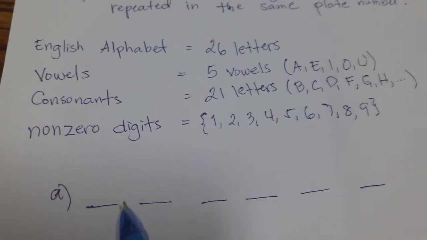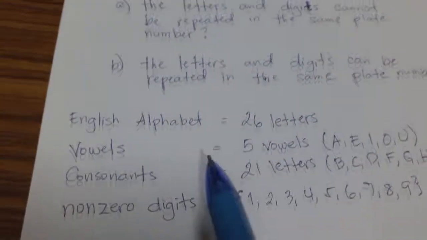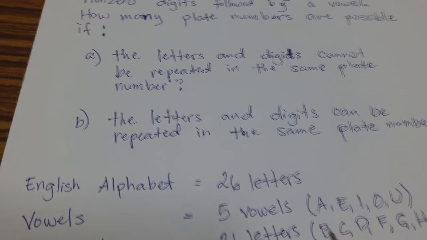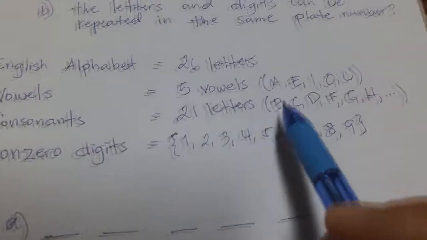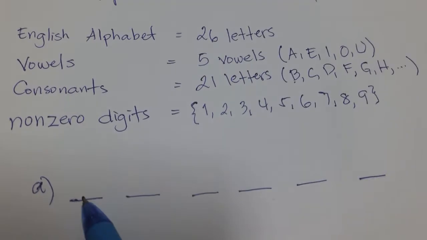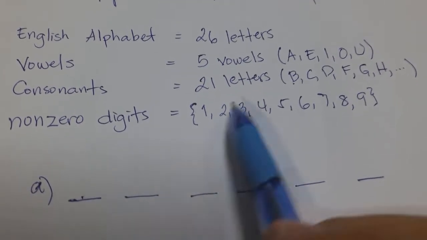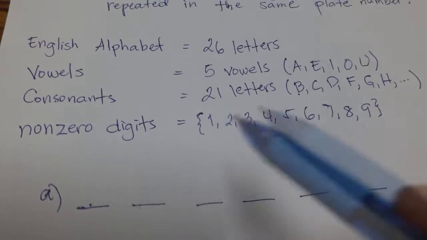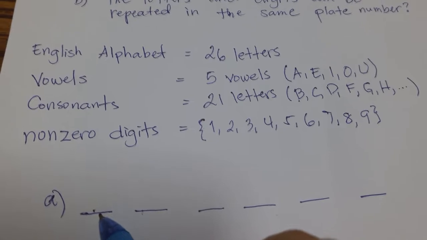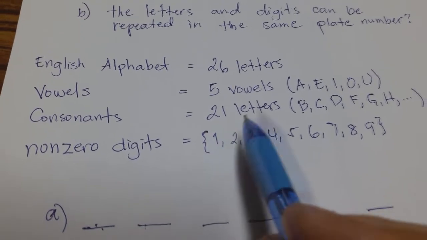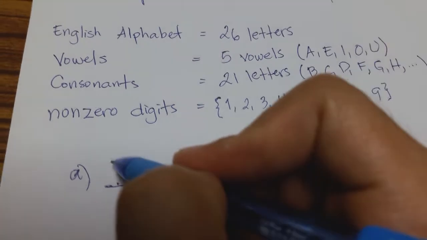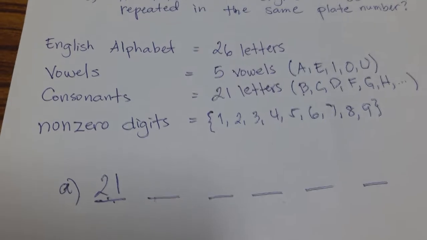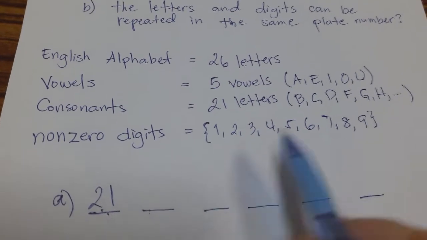So for example, let us take the two consonants. The letters and digits cannot be repeated in the same plate number. It means that if I use letter B for the first line, I cannot use letter B again for the second line. So on the first line, since we have 21 consonant letters, I can write 21 options for the first line.